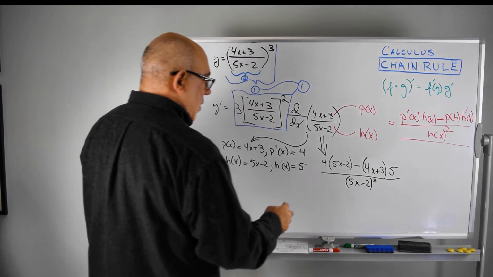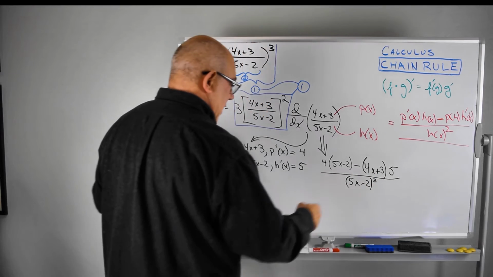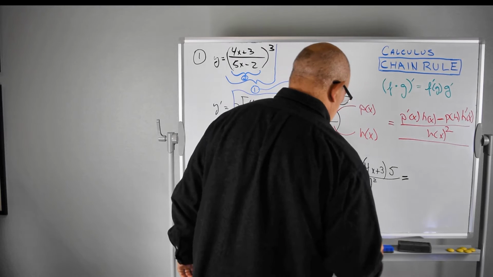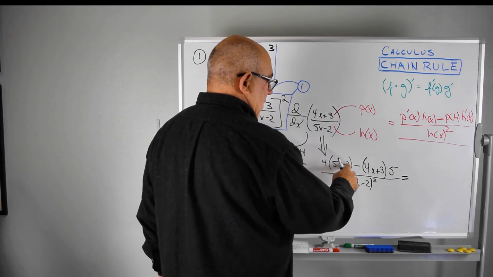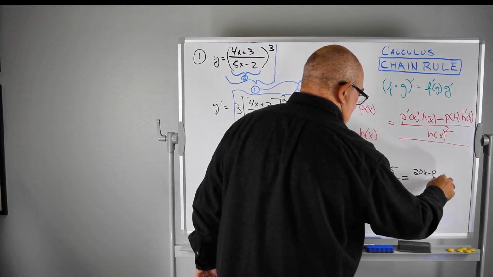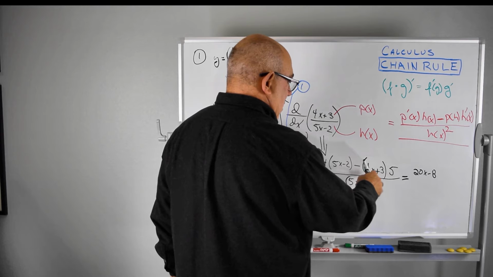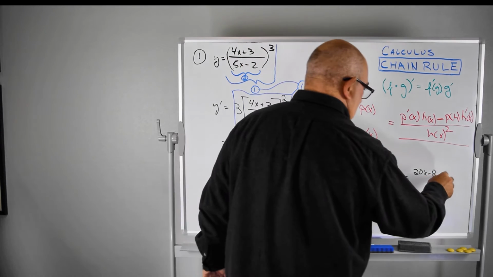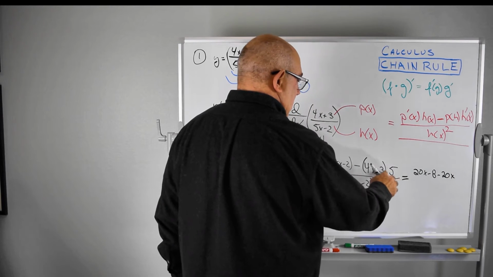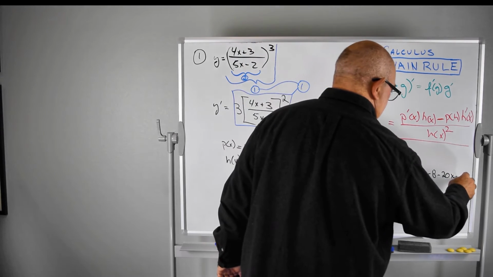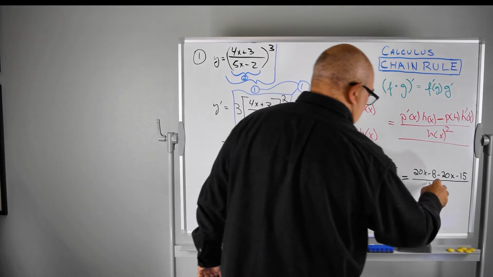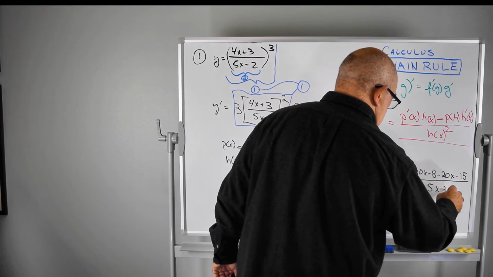Okay, so now we have to simplify this. So let's do that. We'll just figure out what it equals here. So we have 20x minus 8, minus 20x, minus 15, all over 5x minus 2 squared.